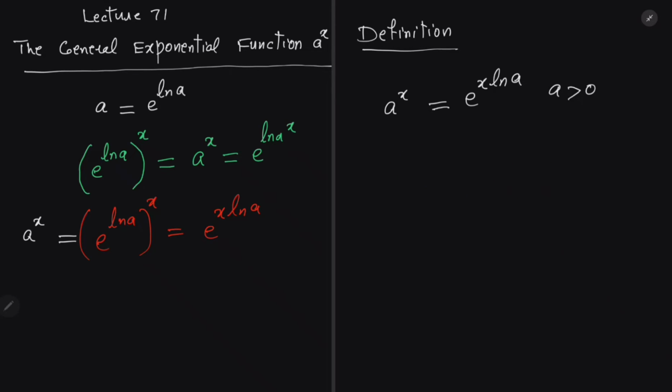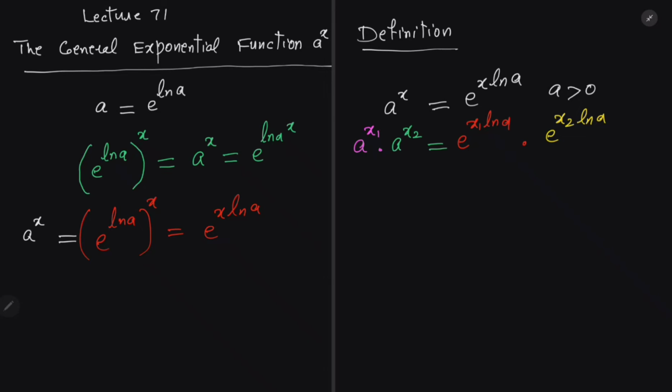Let us just see the exponential function laws. If we have two functions, a raised to power x1, and we take a product with a raised to power x2, that will be equal to e raised to power x1 natural log of a, multiplied with e raised to power x2 natural log of a.